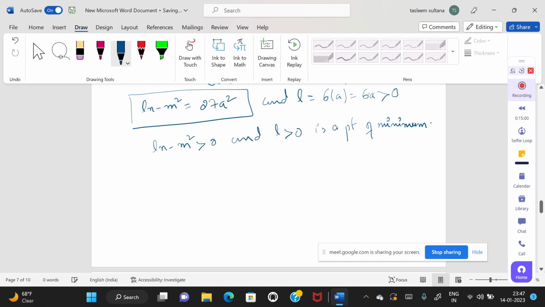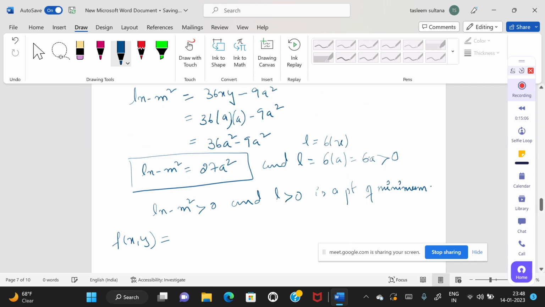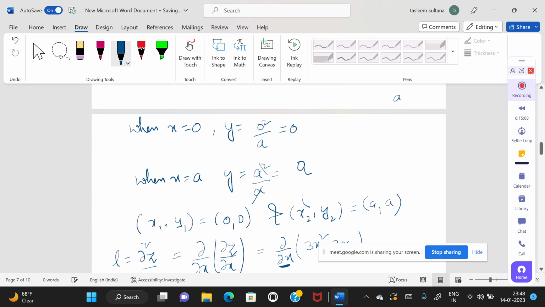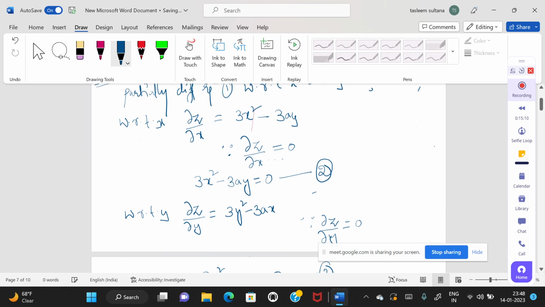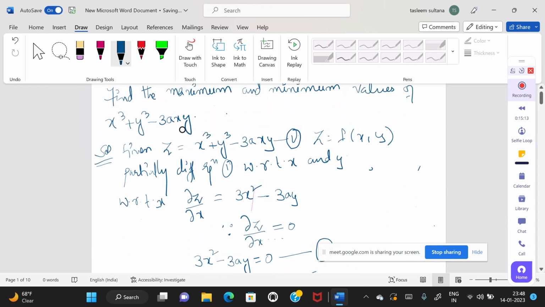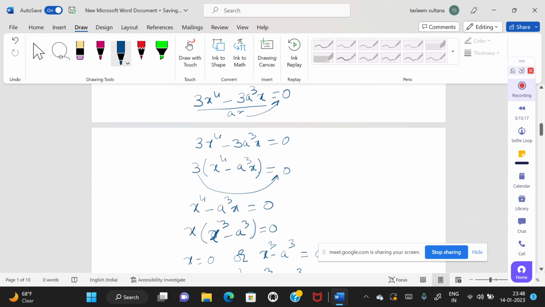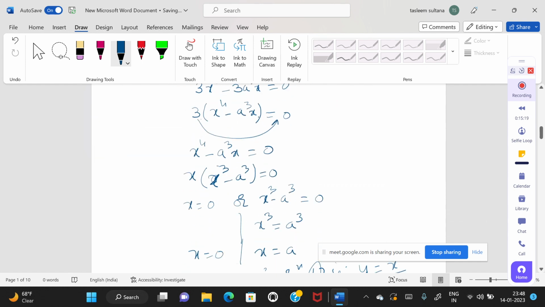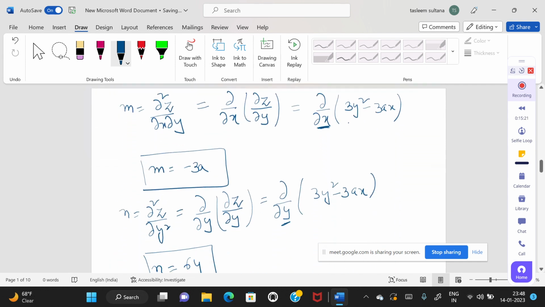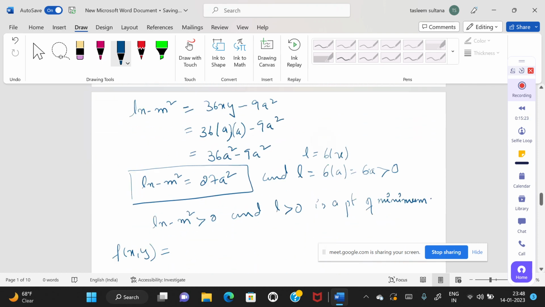Now what we'll do, we have to substitute x, y into the given function, which was x³ + y³ − 3axy. I got the minimum, but after that you have to substitute into the given function.